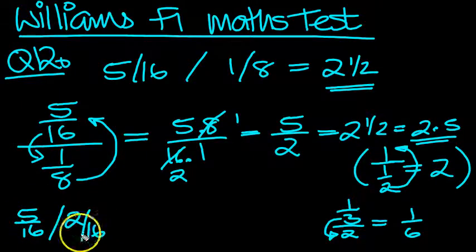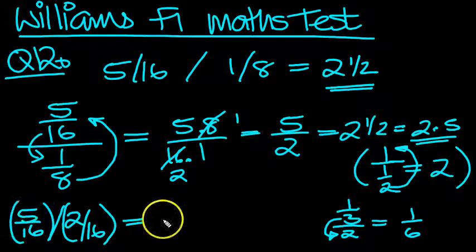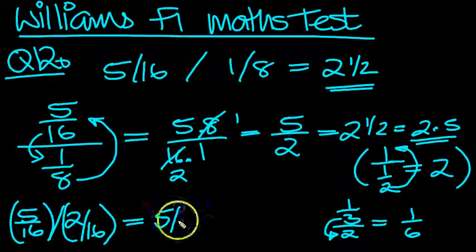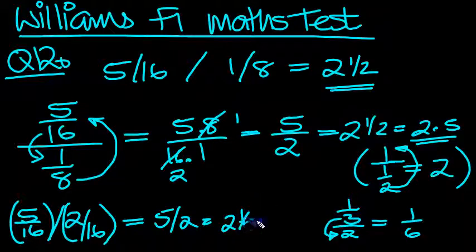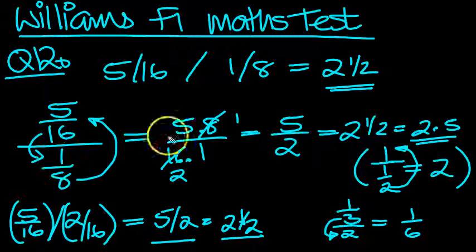And basically the 16ths are the same top and bottom, so it's just like 5 over 2, isn't it? 5/16 divided by 2/16 is the same as 5 over 2, which is 2.5. There we go. So again, you get back to 2.5. You can use the rules of fractions when you do it, the algebraic rules, or you can just do this question intuitively here, using equivalent fractions.